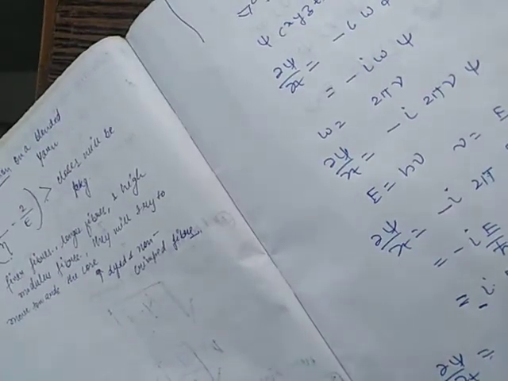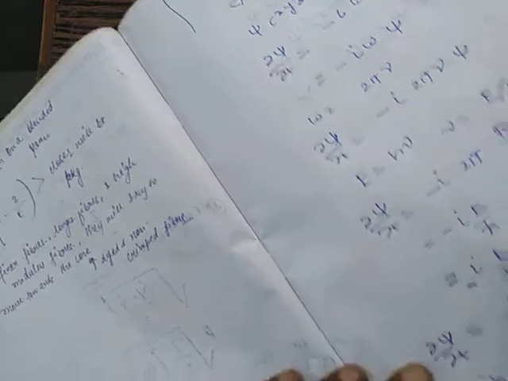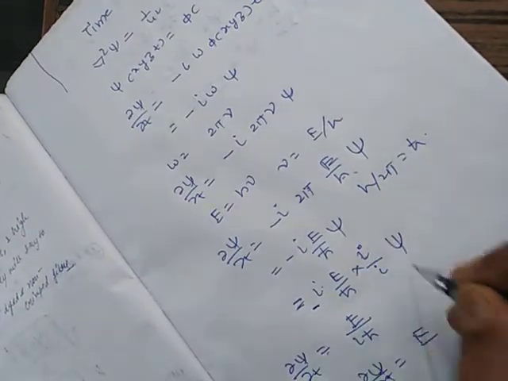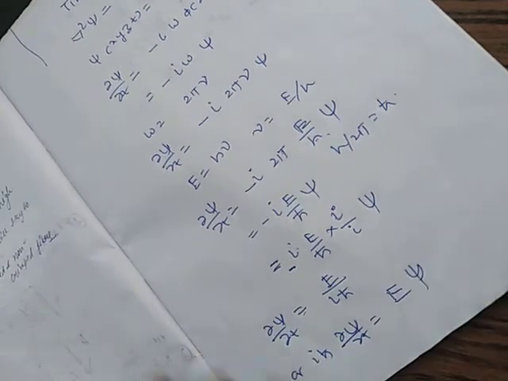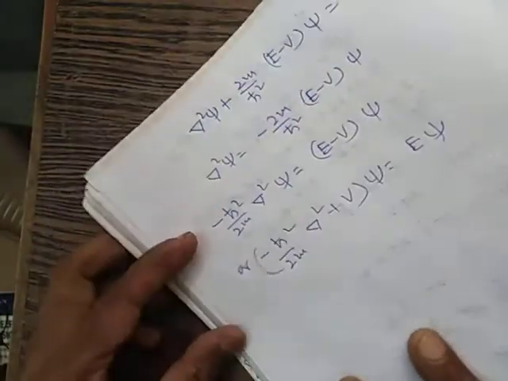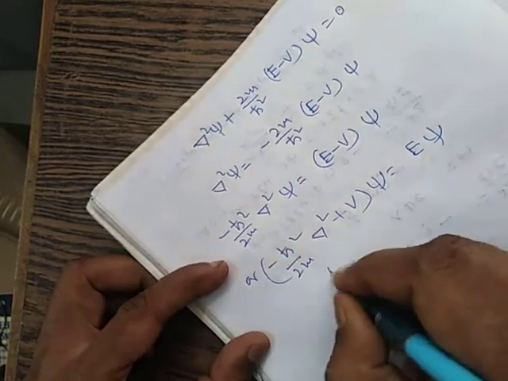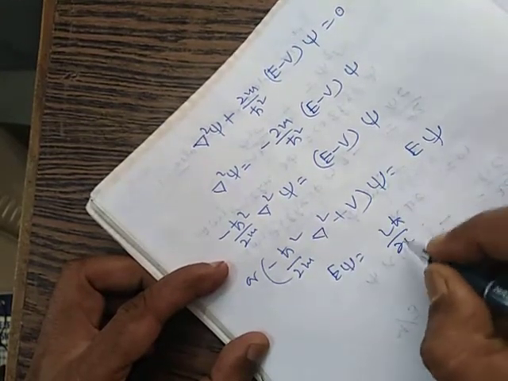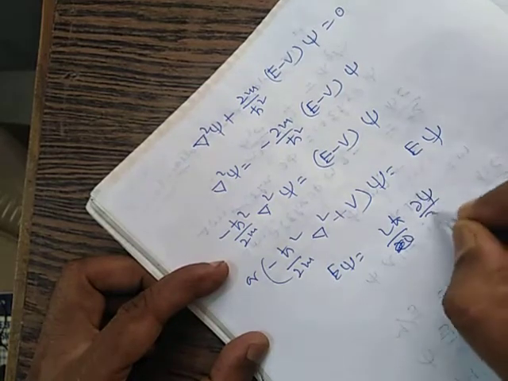So here this psi is there in all these functions. From the previous derivation, for E psi we have iota h cross del psi upon del t.